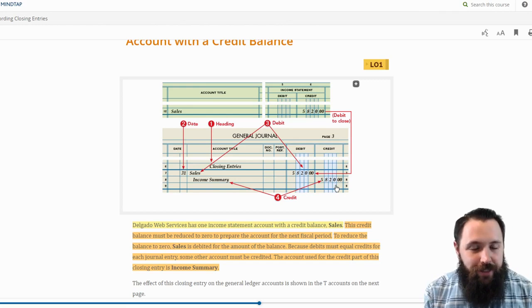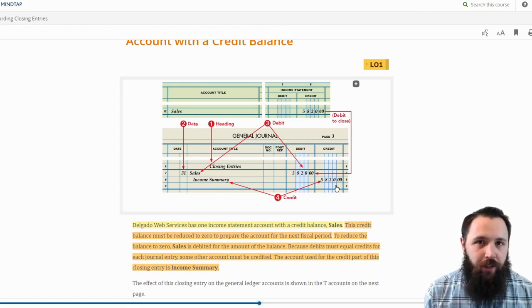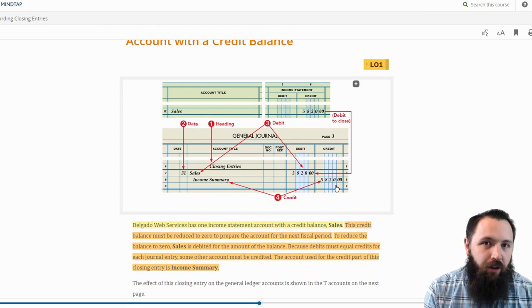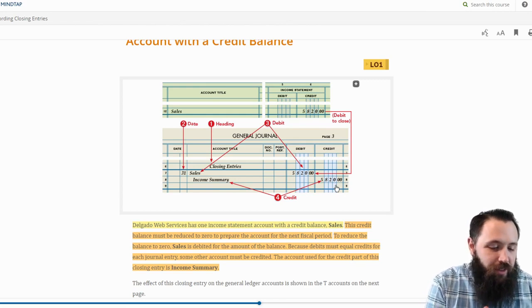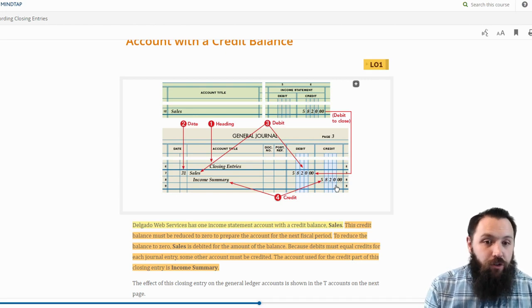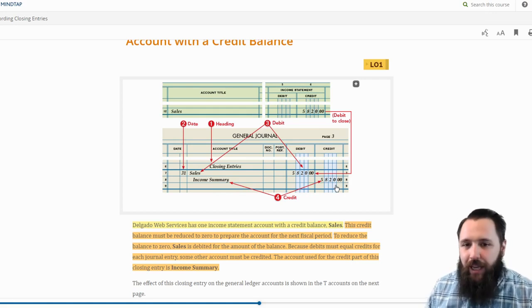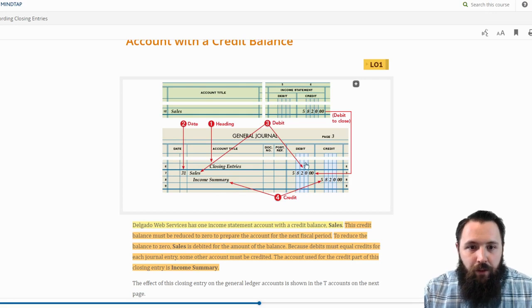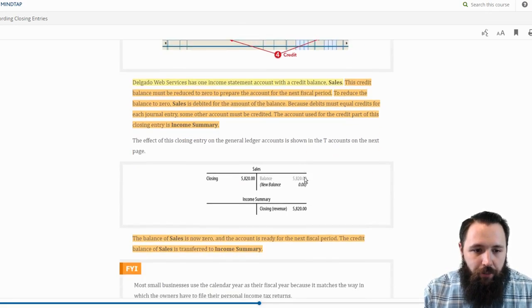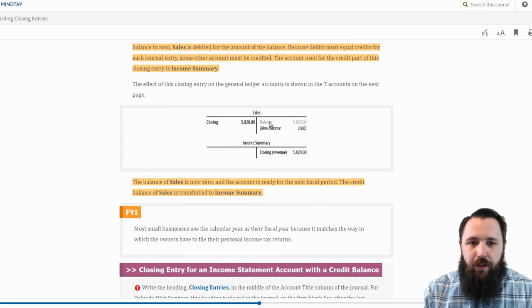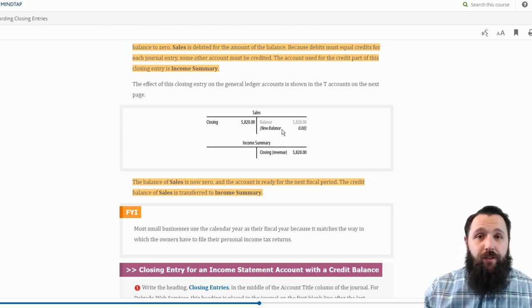Now, when you look at this income summary, all it's doing is the opposite of the close. It's just the opposite of whatever we have to do to close out our sales account. So sales must be debited, so income summary must do the opposite of that. It must be credited. If we look at sales right now, it had a credit balance of $5,820. We close it by debiting it $5,820, and now the new balance is zero.